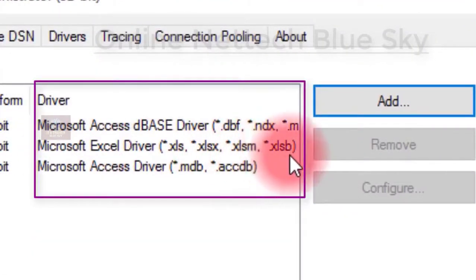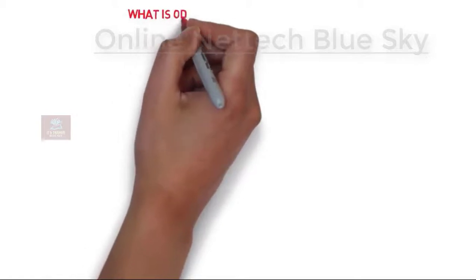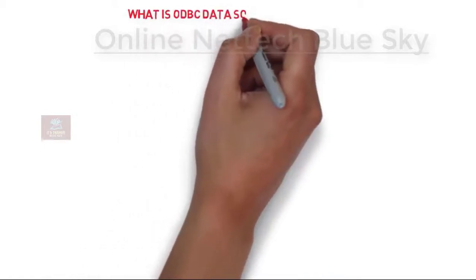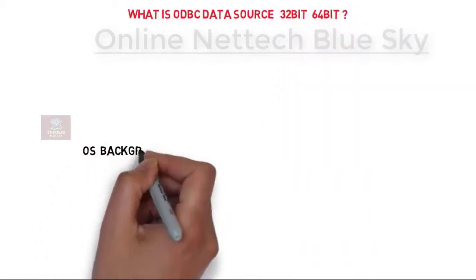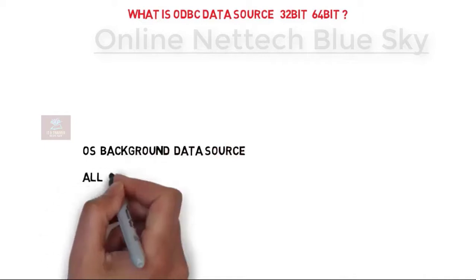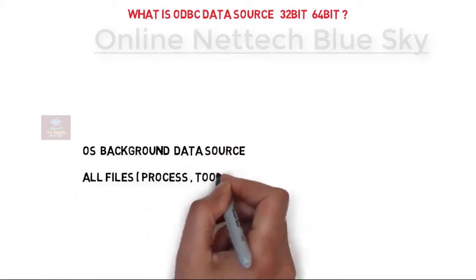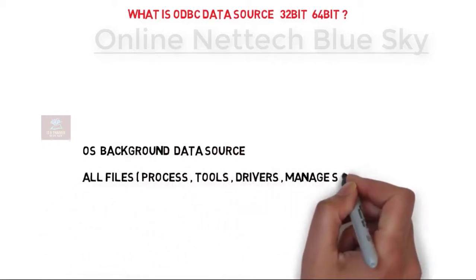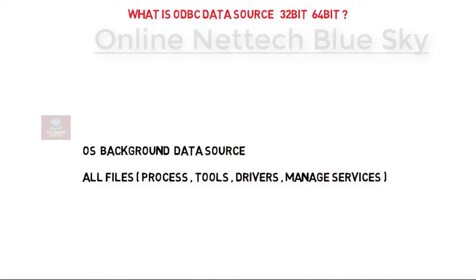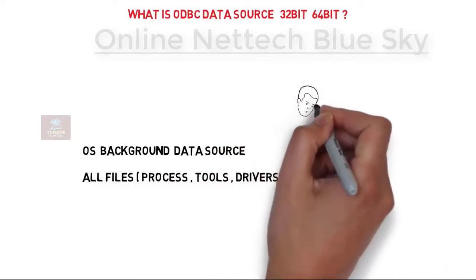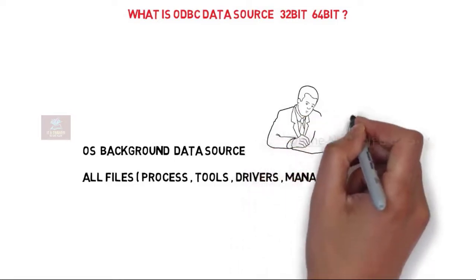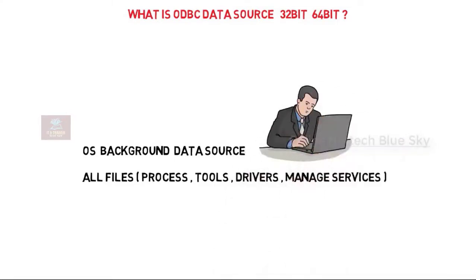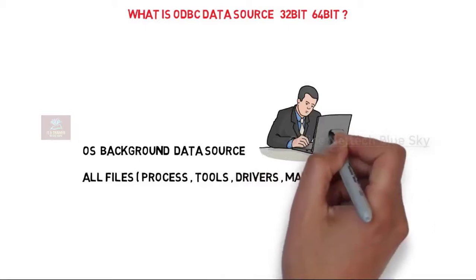Different types of .dbf files. So I am just talking about what the ODBC data source 32-bit and 64-bit is. OS background data source, operating system background data source, all files, means processes, tools, drivers, everything you work with. When you complete your work, your operating system, management services, everything.